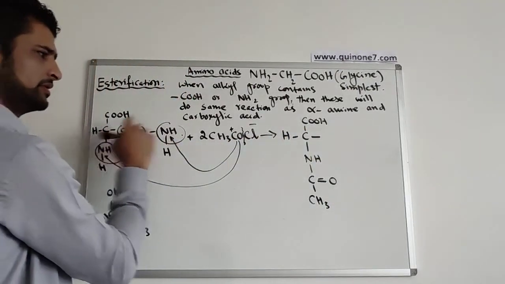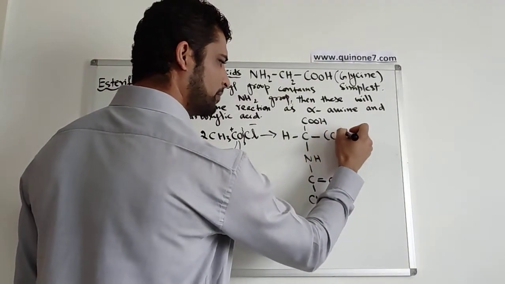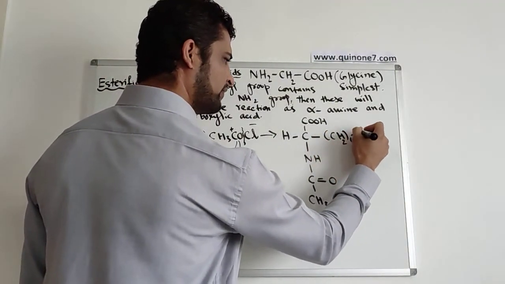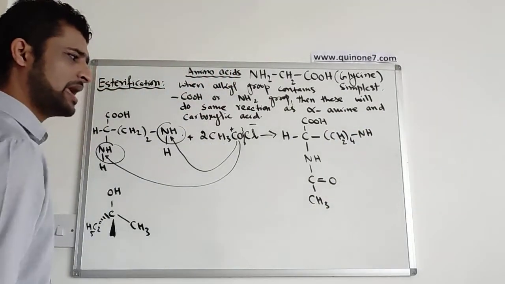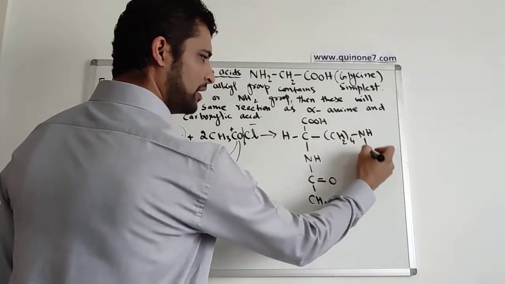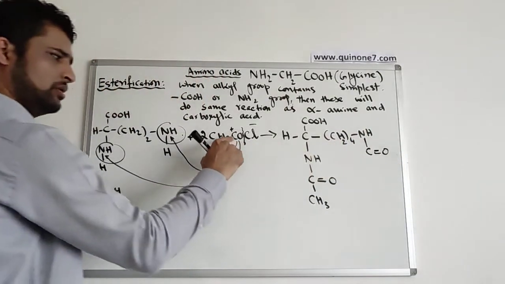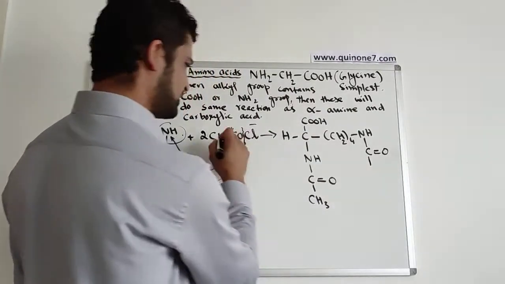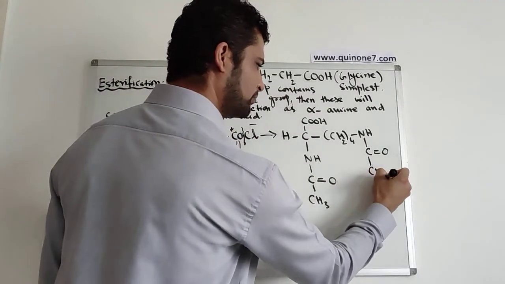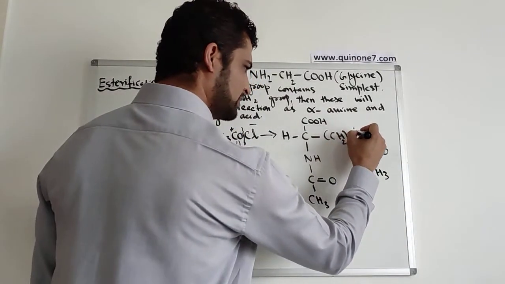Over there, this carbon which has an R group with an amine extended, this will be NH, and it will combine with the CO bond, and that will make the rest of the molecule as it is.